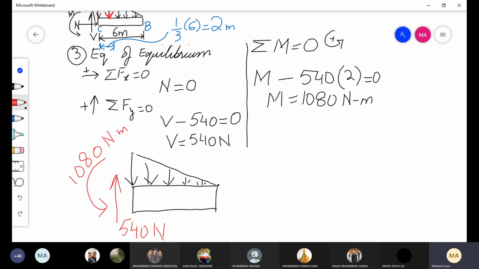So these are internal forces acting at point C of the beam. Is there any question? You may raise your hands, please.